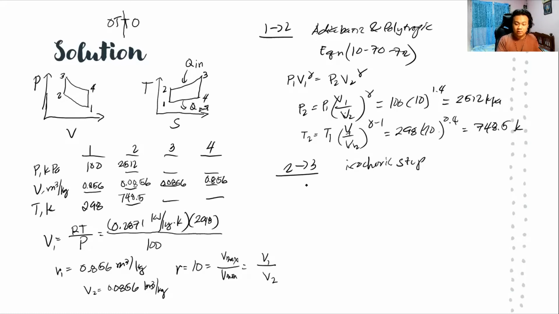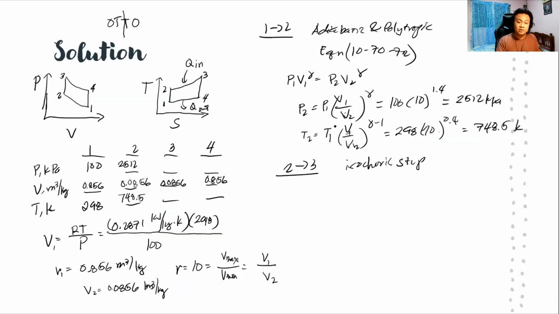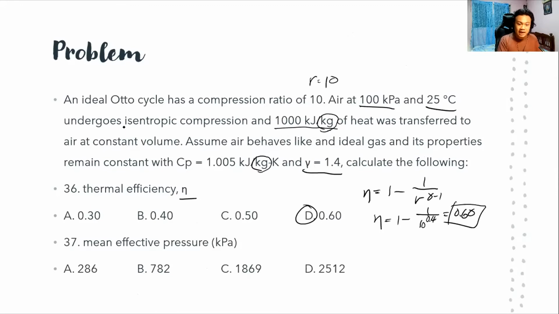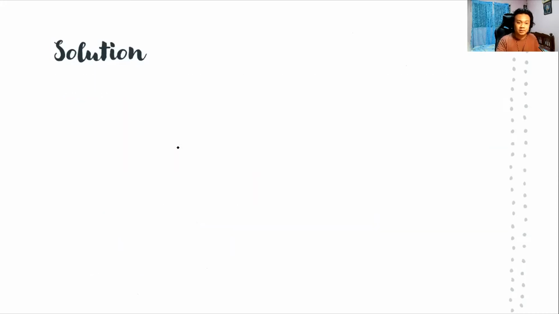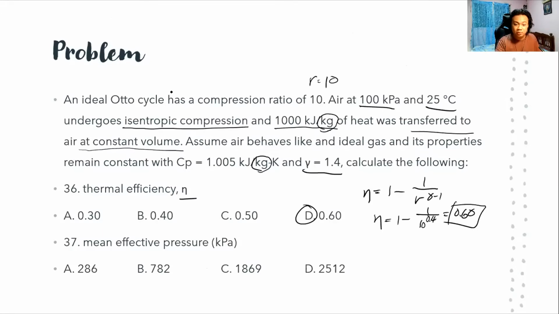So remember, we are given the 1,000 kilojoules per kilogram, diba? It says that it goes isentropic compression, and then heat was transferred to air at a constant volume. So meaning, diba, this is the constant volume. And then isentropic compression, and then heat was transferred at constant volume, at constant volume siya.